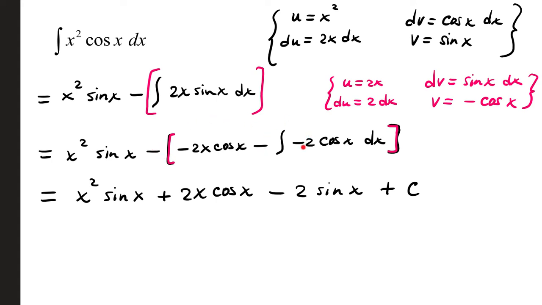One, two, three. Three negatives make a negative. Two, sine x is the antiderivative of cosine x, plus c for our constant of integration.